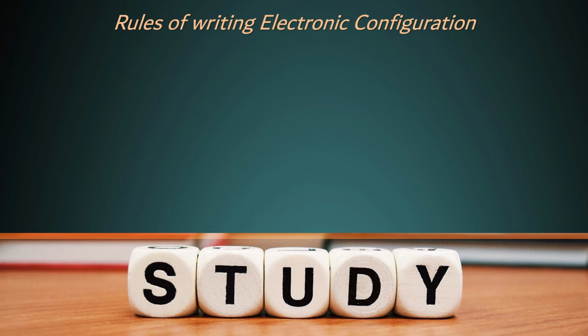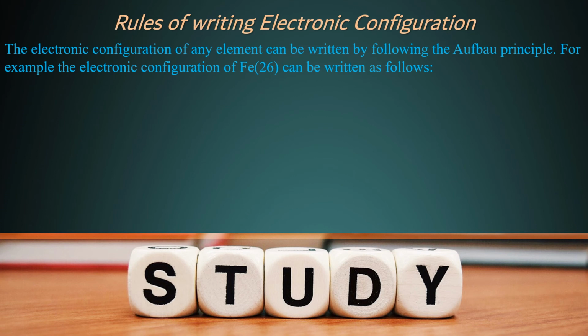So here, by following the Aufbau principle, the electronic configurations of some elements are shown. The electronic configuration of any element can be written by following the Aufbau principle. For example, the electronic configuration of iron can be written as follows.